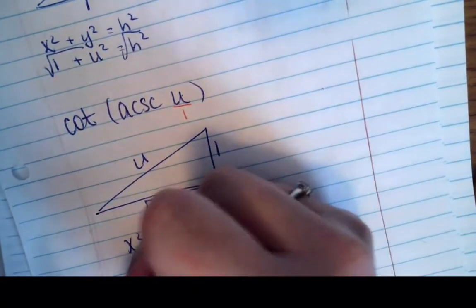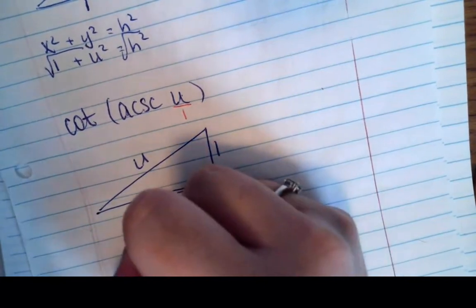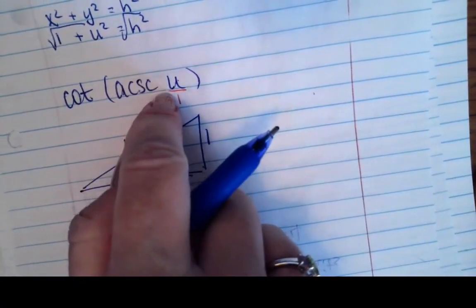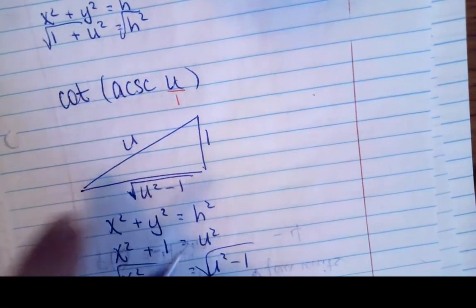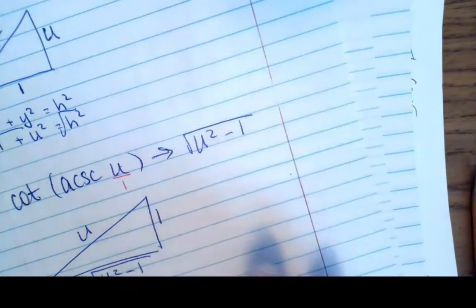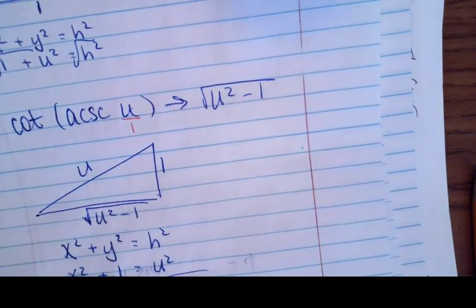So this is the square root of u squared minus 1. So I have the angle that produces this ratio. What's the cotangent of that angle? The cotangent of that angle is going to be adjacent over opposite. So it is just the square root of u squared minus 1 over 1, but I'm a lazy math person, so I'm not going to write that.